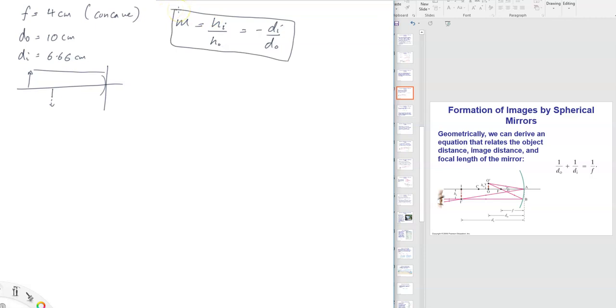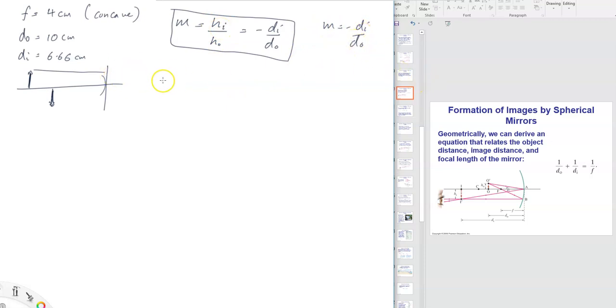The advantage here is, even if you don't know how tall this image is, you can still find the magnification just dividing these distances. It has the same ratio as the heights, right? So you can just say m equals negative di over do.